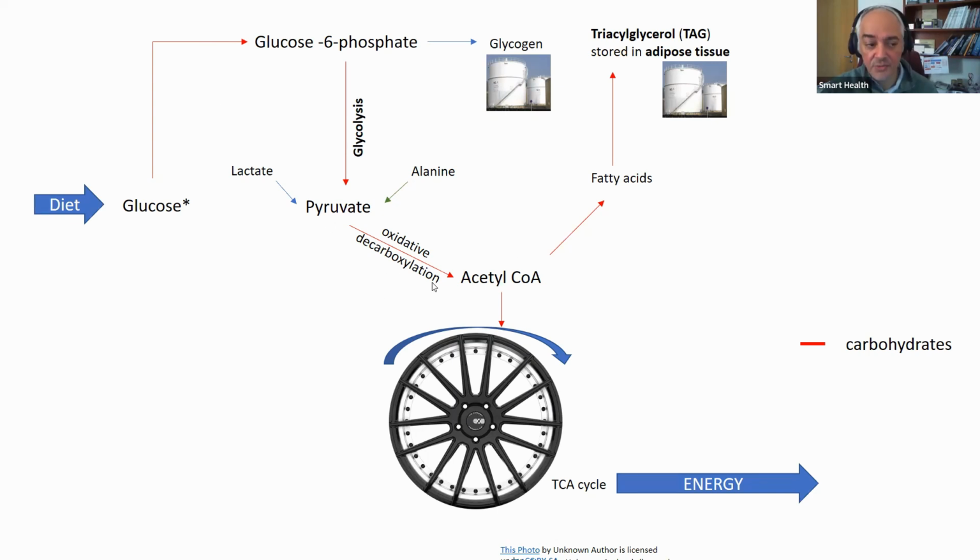So that's the red. But when we have a lot of glucose, for instance a really high intake of carbohydrates, then we have enough to go around with the wheel. But we also start storing this additional glucose, either via the blue arrow into glycogen, but also it can be converted into fatty acids.